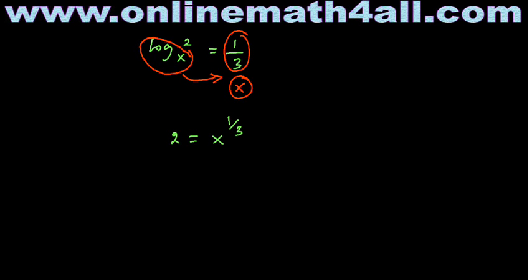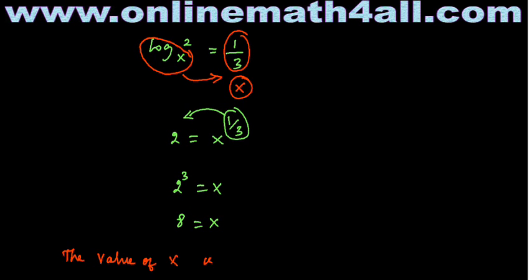So the next step what I'm going to do is, I'm just going to take this 1 over 3 to the left side. It will be 2 to the power 3 is equal to x. The value of 2 to the power 3 is equal to 8. So the value of x is 8. I hope the students can understand how to solve this kind of problems on logarithms in competitive exams.